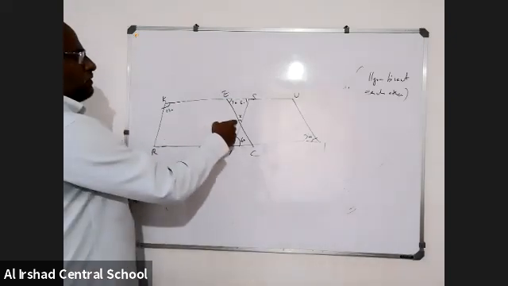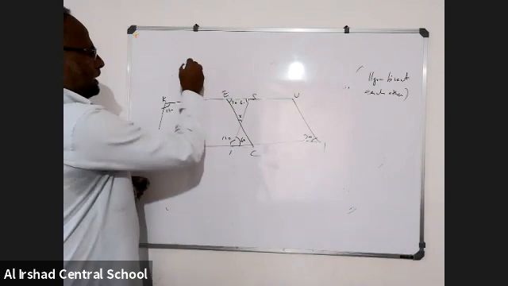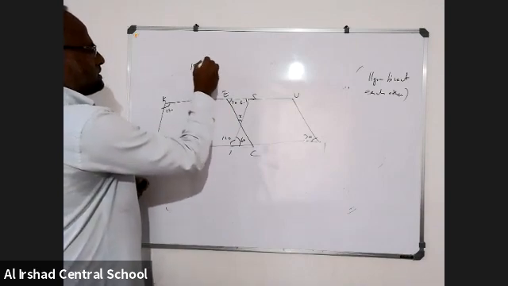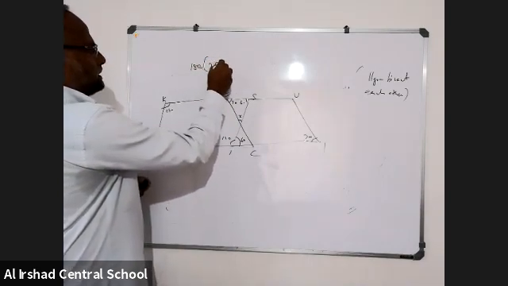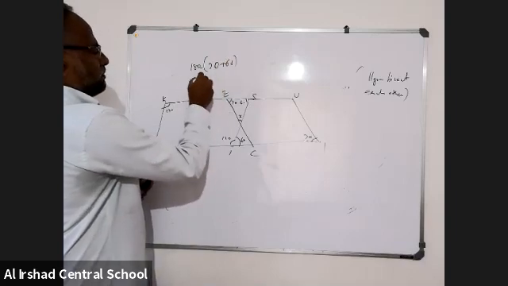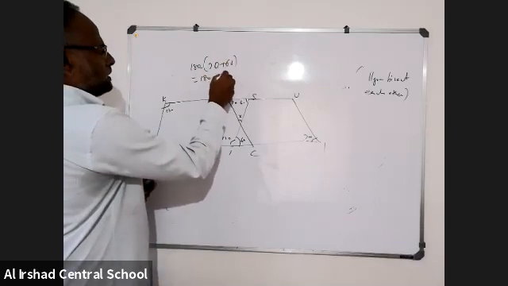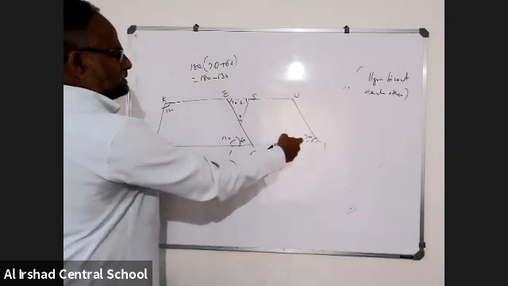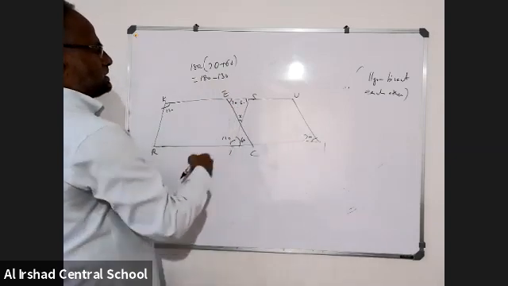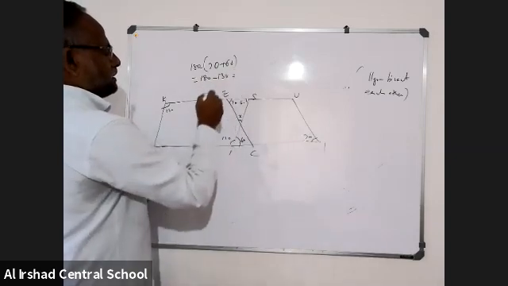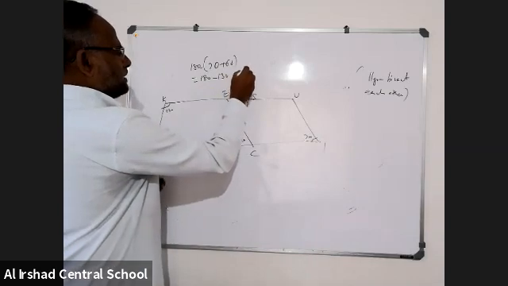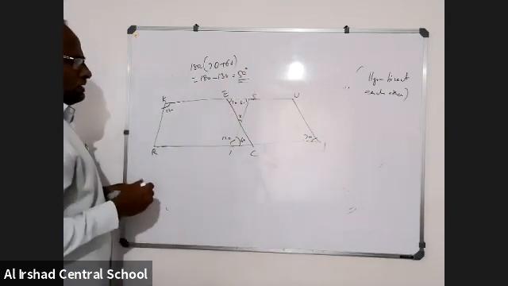That means X you can find out now. 180 minus 70 plus 60, that means 180 minus 130. This is 70 because this is 60. 130, that means 50 degree. X is equal to 50 degree.